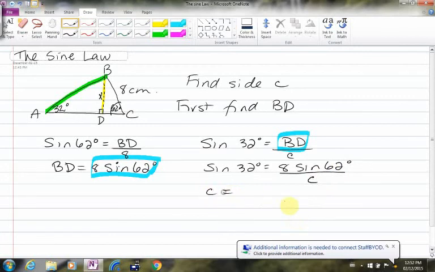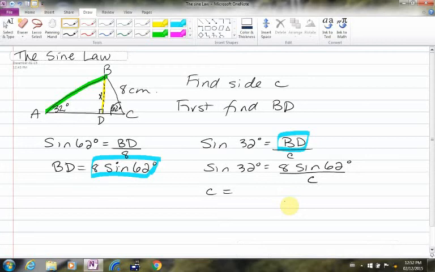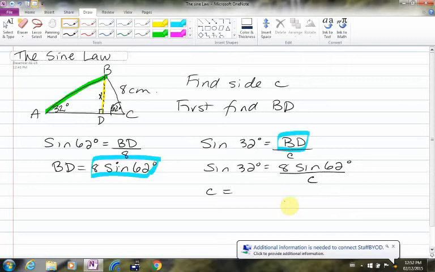So how would I solve this equation for C? Yep. Cameron? I flip it around. You want to clarify that for me?